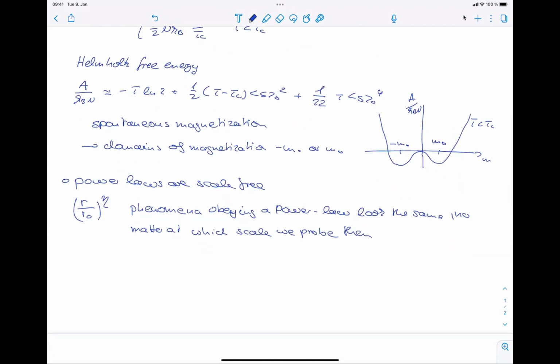And so how can we have these power laws governing a process? Well, since it's independent of which scales we probe the system in, so if this is a spatial function, I have to find the same law for, say, spins 10 sites apart as for 1,000 sites apart.